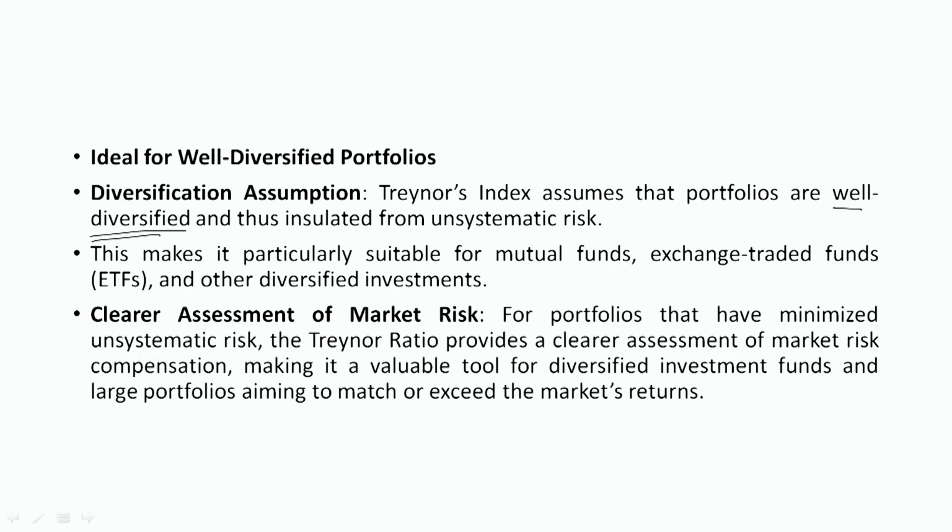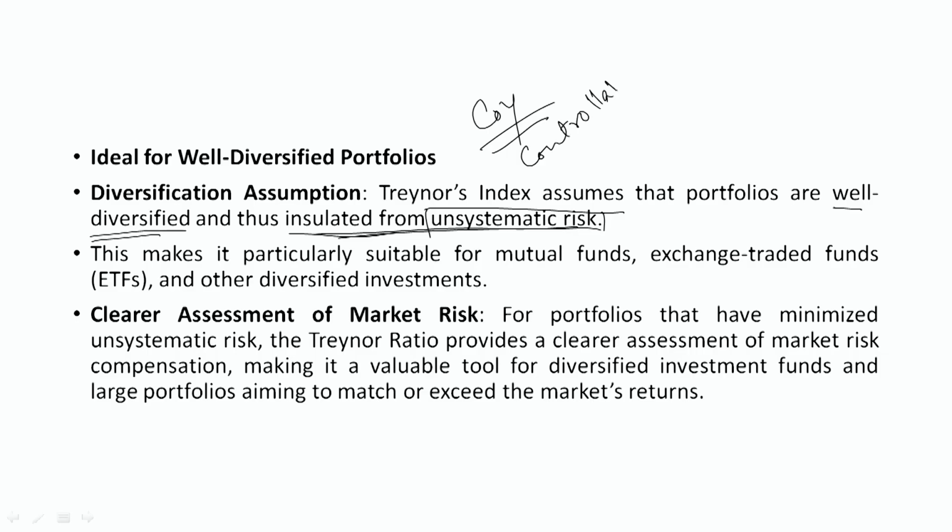And the more number of securities moving in different directions is part of your portfolio, then you can consider it to be insulated from unsystematic risk. So why it is considered to be insulated from unsystematic risk? Because unsystematic risk is because of companies which is controllable. Okay.